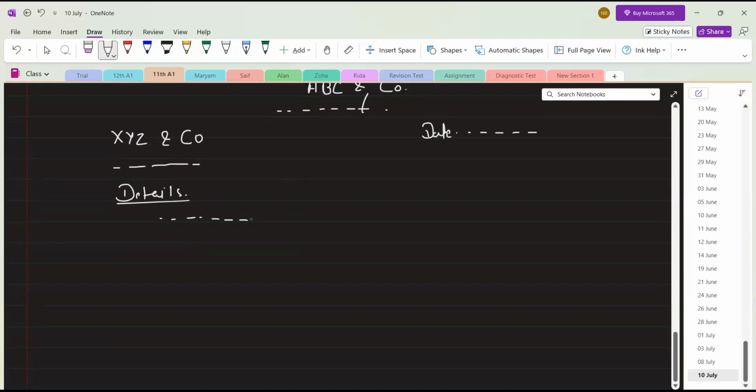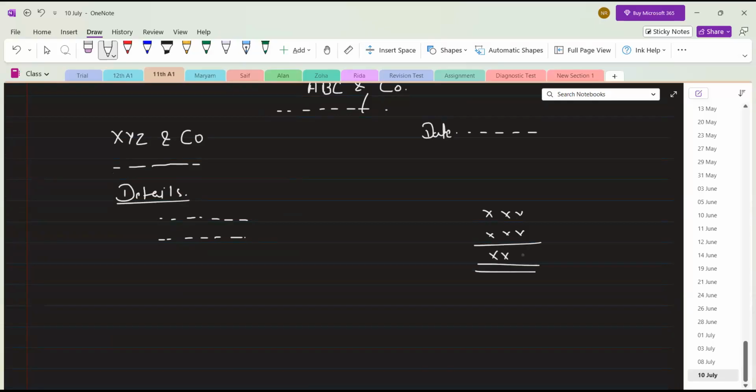So goods detail and their amount. Then if there is more than one item, you will calculate the total, and then there will be a signature for ABC and company.